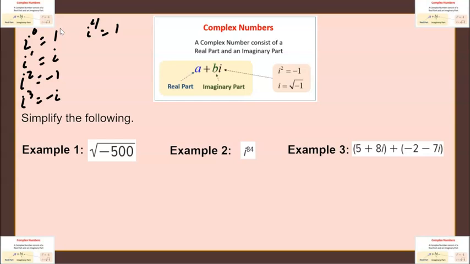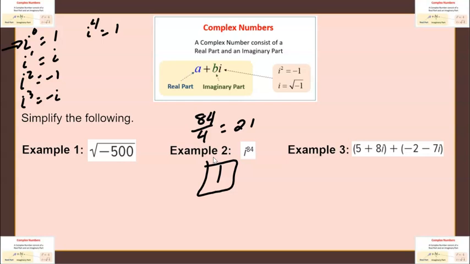When I do the division, whatever my remainder is, I'm going to match it up with one of these 5 numbers I have here. So 84 divided by 4 is 21. It goes in evenly, so I have a remainder of 0. If it has a remainder of 0, I look at i to the 0 power, which is going to equal 1.